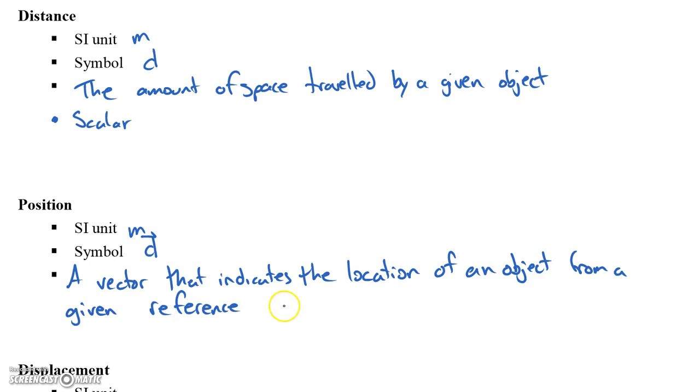Now the reference point could be the origin for just a regular coordinate system, but reference point is just more general because it can be from any point.